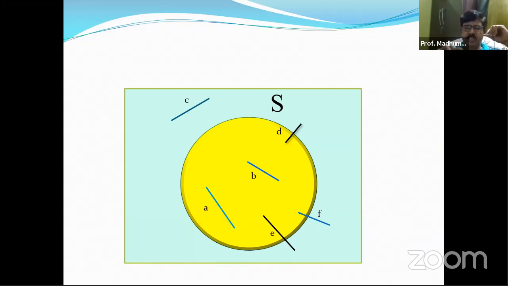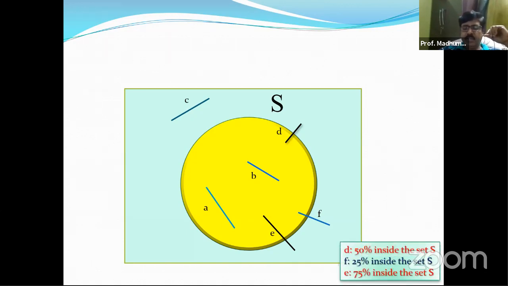So if we consider all these line segments and try to distinguish the belongingness of the line segments, then we can say that D is 50% inside the set, F is 25% inside the set, and E is 75% inside the set. And A and B are fully inside the set.